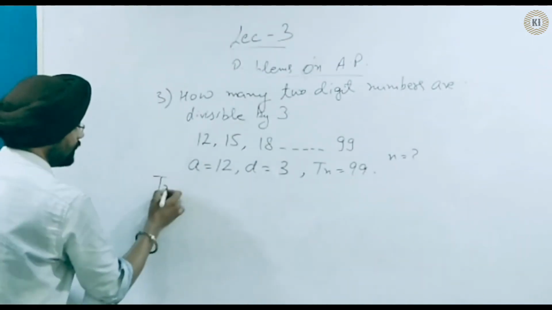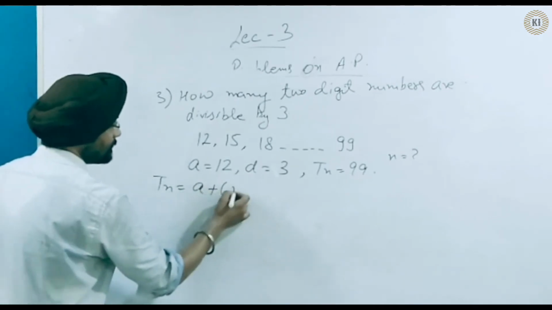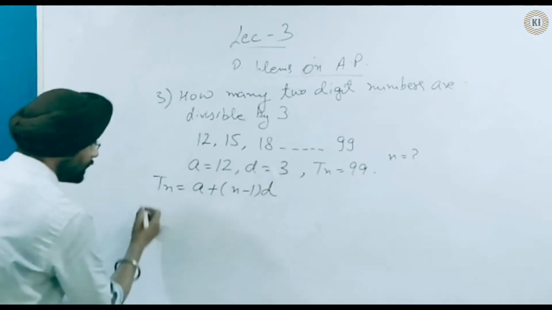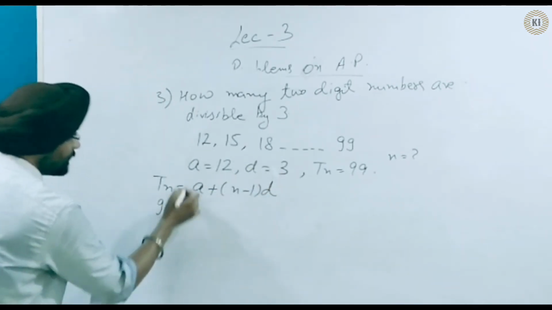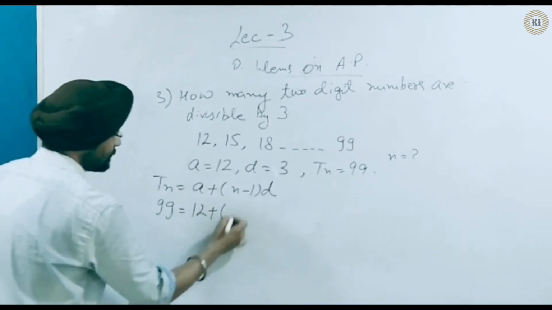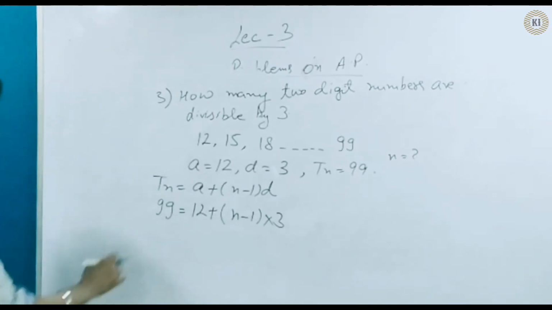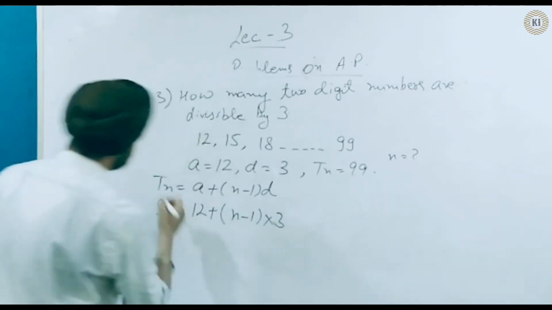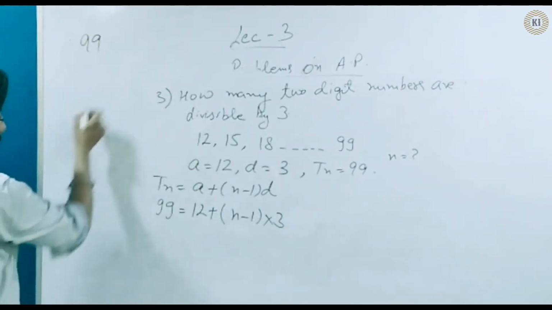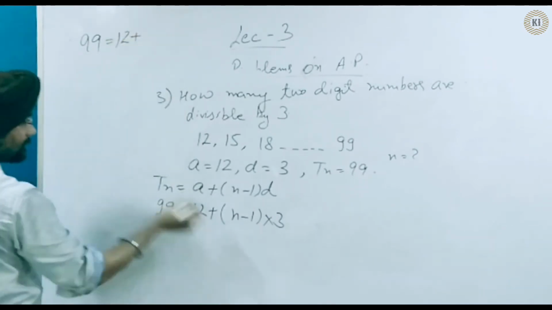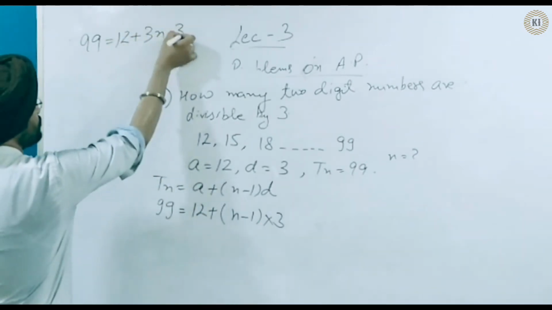So t of n is equal to a plus n minus 1 into d. So 99 is equal to a 12 plus n minus 1 into 3. So it will come 99 is equal to 12 plus 3n minus 3.